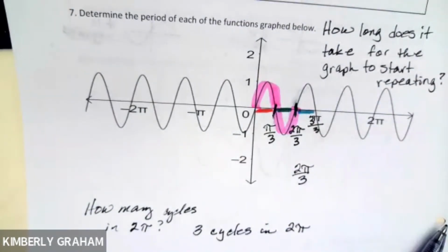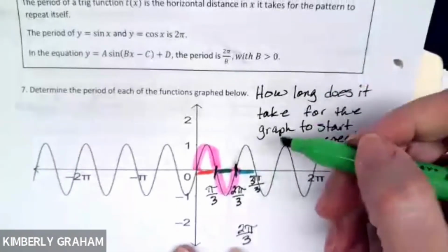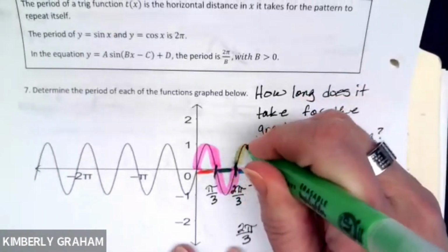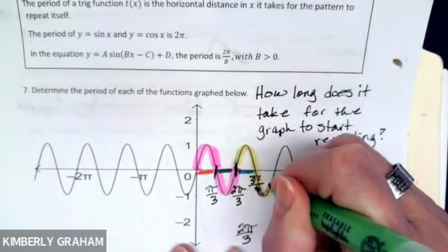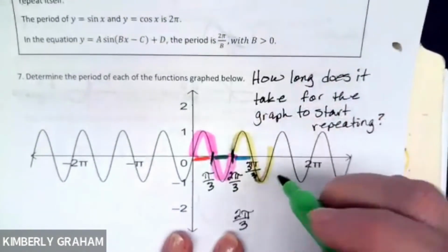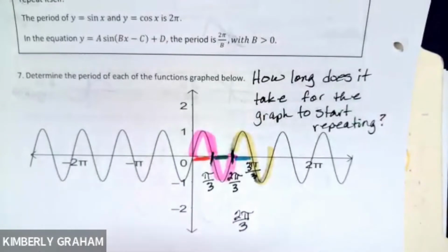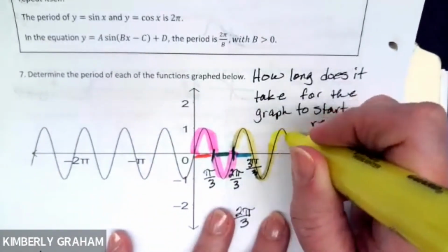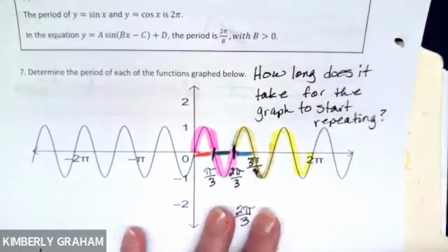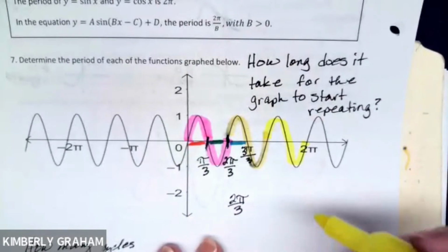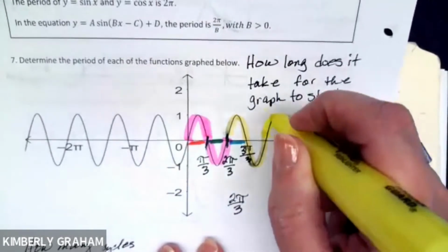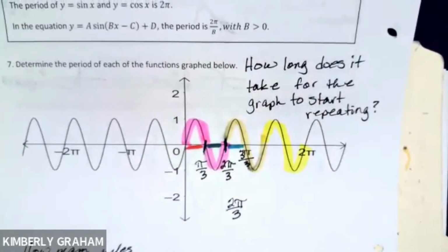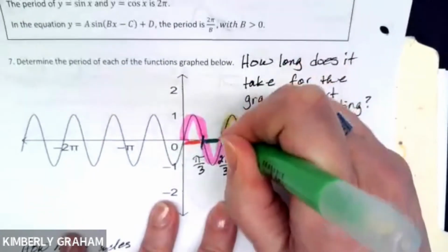Not sure if this is going to show up in the color that I want it to. This is supposed to be green, and it's showing up as yellow. And then this here is my third one, and that shows up as yellow as well. I'll make it darker.